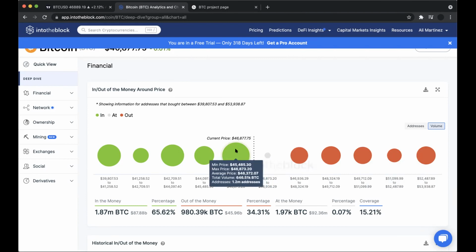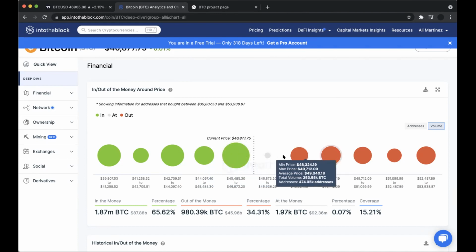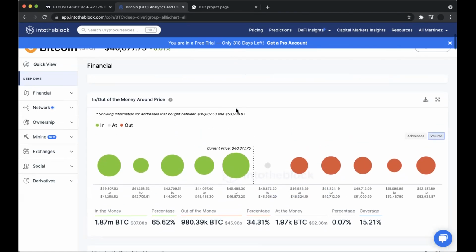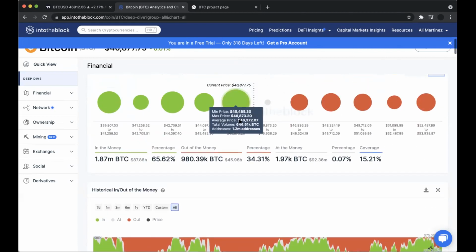The most significant level of resistance and support that has been acting up over the past few days is this barrier right here between $45,500 and $46,800, where Bitcoin has been trying to break above it and sometimes gets rejected. Today, it does seem like it's trying to overcome this resistance barrier again. So I do see that there is potential to run to $51,000, but from there, based on the on-chain metrics and the fractal that I'm evaluating, I don't know where we'll be heading next.